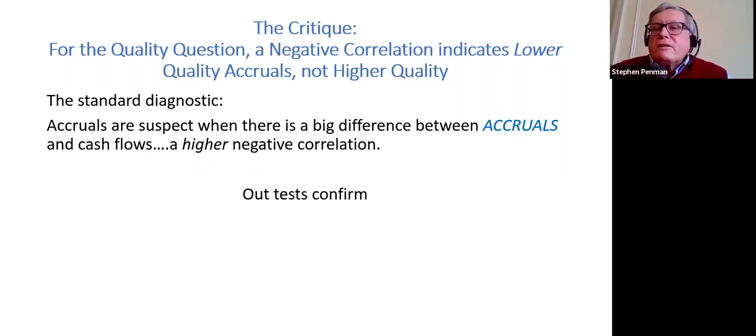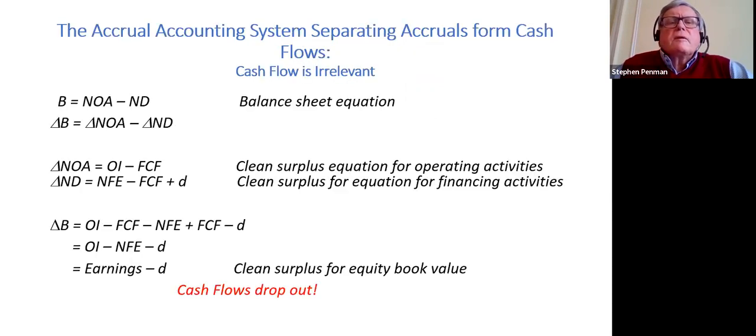If you have a lot of receivables, you have a lot of revenue booked, but no cash flows, you say, gee, maybe they're fiddling around with the revenue accrual. Let me go and look at that. So the negative correlation between accruals and cash flows means lower quality accruals, not higher quality accruals. At least that's what I teach in financial statement analysis, and that was what I think Young was alluding to at the beginning of the seminar.